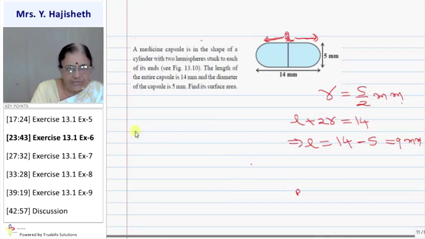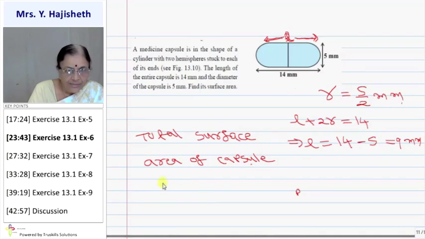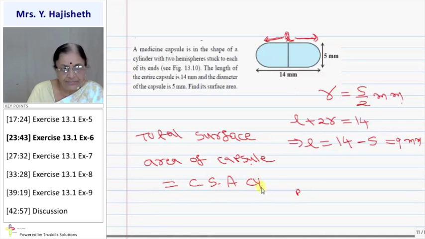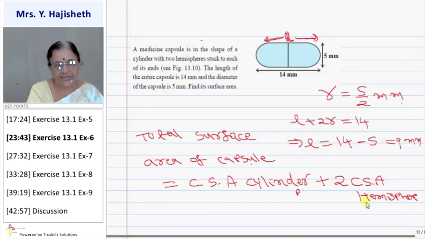Now what is the total surface area? Total surface area of capsule is curved surface area of cylinder, right? Plus 2 times curved surface area of hemisphere, okay? CSA means curved surface area.